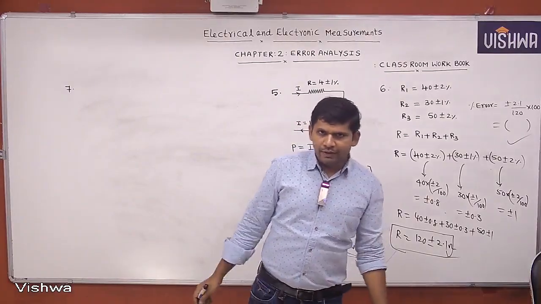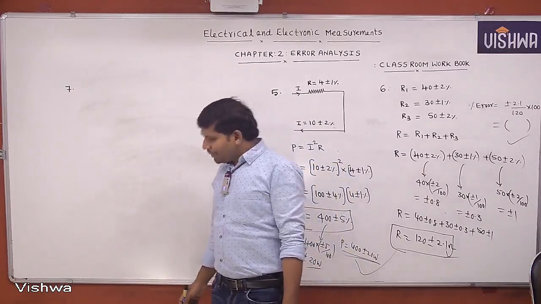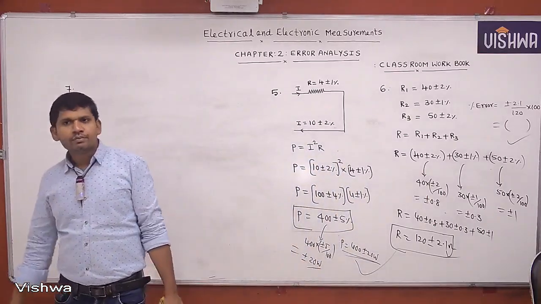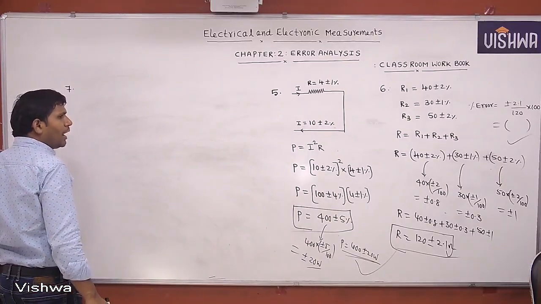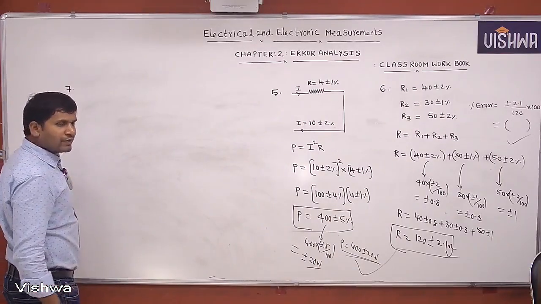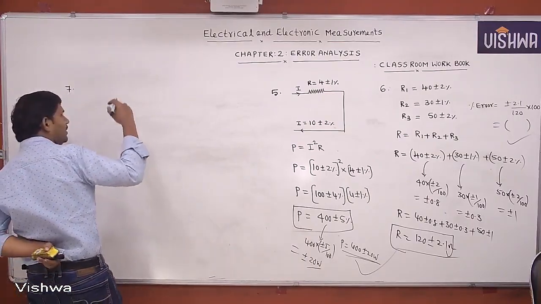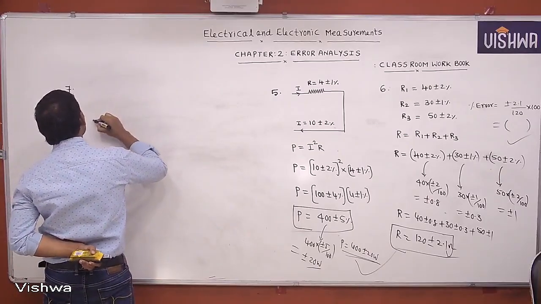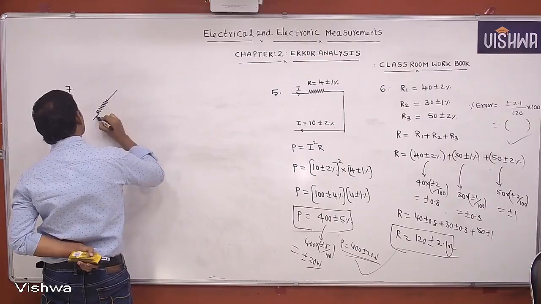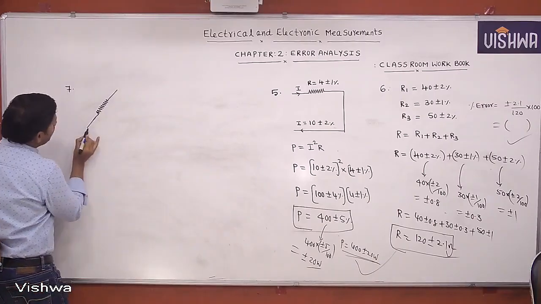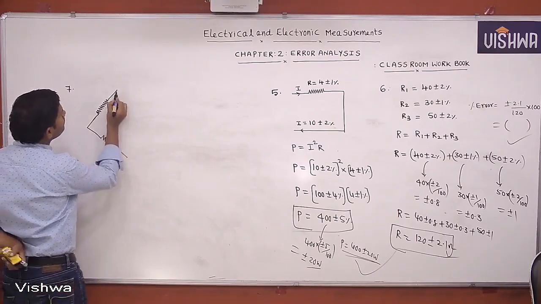The question is on a bridge. For the bridge circuit shown in the figure, calculate the unknown resistance at balance condition. That means in this bridge circuit, you want to calculate the unknown resistance at balance condition. This is the question asked. This is the given bridge circuit.